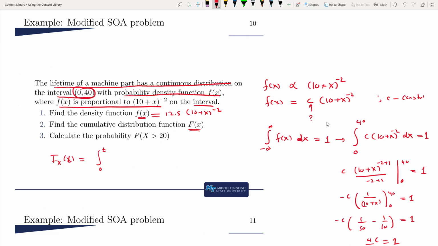So this would be, let me write t, the integral of f of x dx from 0 to t, of 12.5 times (10 plus x) to the negative 2 dx.